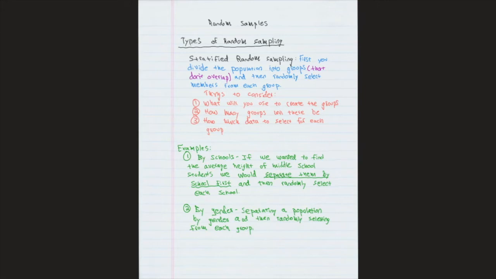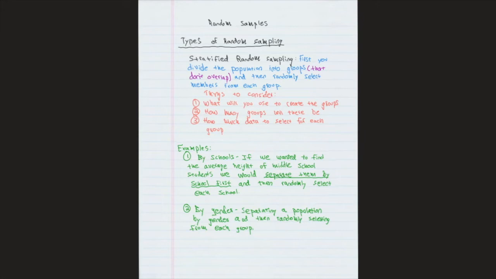For just a really basic example, if your population is 30 and the sample size you want is 10, are you going to need to separate those into 5 different groups of 2? Probably not, right? So it depends on your numbers about how many groups you want there to be, and then how much data to select for each group. So you're going to pick 4 people, you're going to pick 5 people from each group. Those are all things that you want to consider.